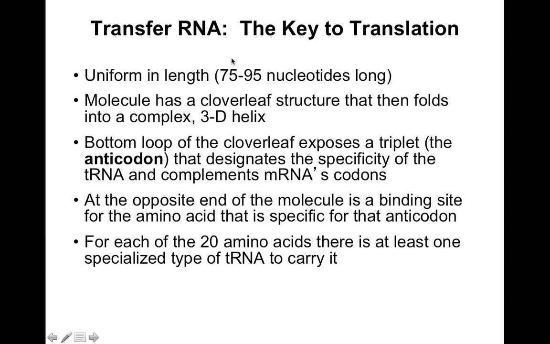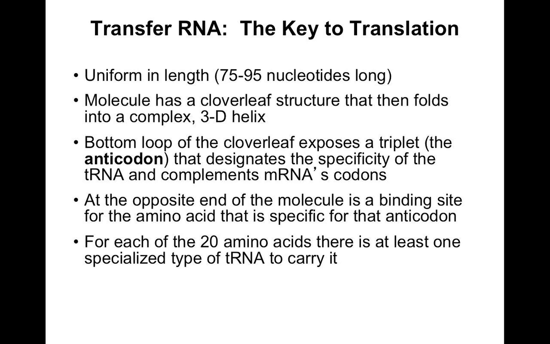So transfer RNA, or tRNA, is a 75 to 95 nucleotide long piece of RNA, and this RNA has something called an anticodon built into it, and the anticodon is what binds to the codon of the mRNA. This anticodon will bind to a specific codon, and attached to the other side of the tRNA is an amino acid.